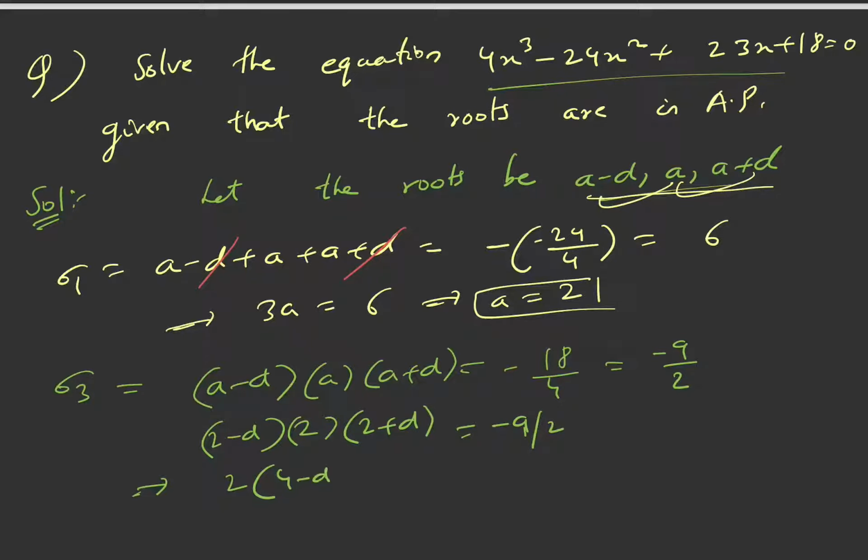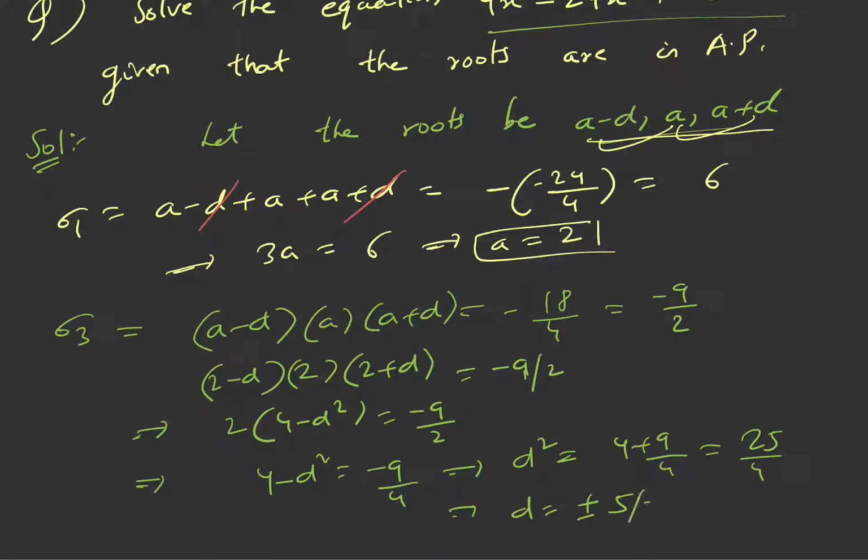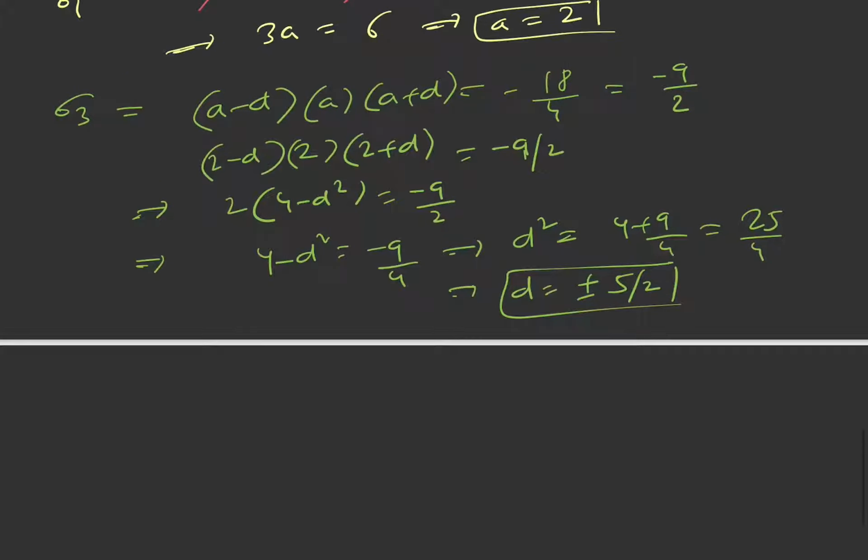So you will get 2 into 4 minus d square is minus 9 by 2, right? So this is 4 minus d square is minus 9 by 4, and you will get d square is 4 plus 9 by 4, which is 25 by 4. So d you will get as plus minus 5 over 2. d will be plus minus 5 over 2.